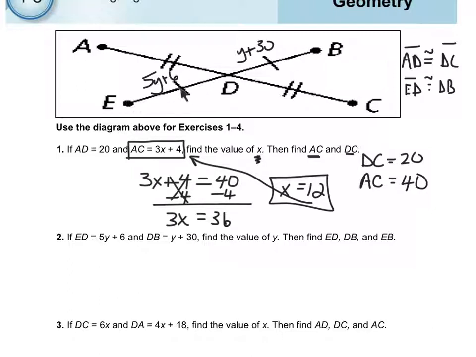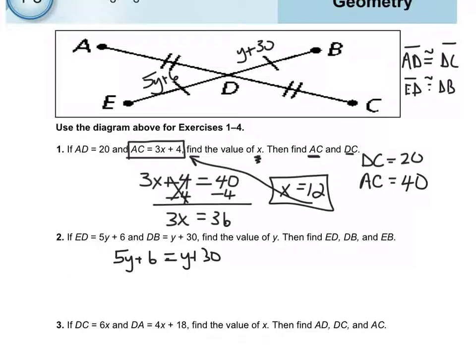I do not. So I cannot say part plus part equals whole because I don't know how long the whole segment is. But I do know that these markings mean that these two segments are equal. So D is in the middle, which means D is a midpoint. So I could say 5y plus 6 equals y plus 30. Those two segments are equal to each other.